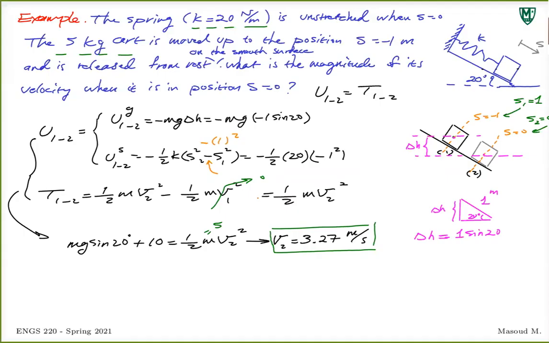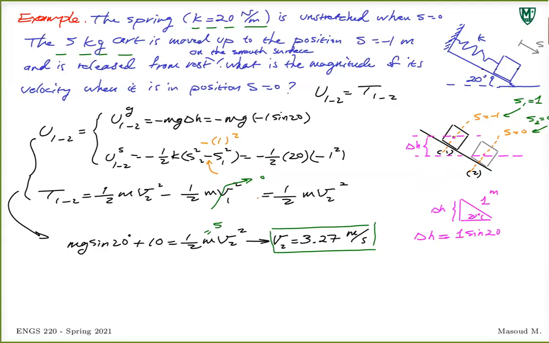It's all about being patient and looking at the signs, positive, negative. That's where I've seen probably 90% of the mistakes happen. Be very cautious about every parameter you plug in. Should it be positive or negative? For the work done by weight, I told you specifically if you're going down, it should be positive. If you're going up, it should be negative. So that's a checkpoint that you can check.